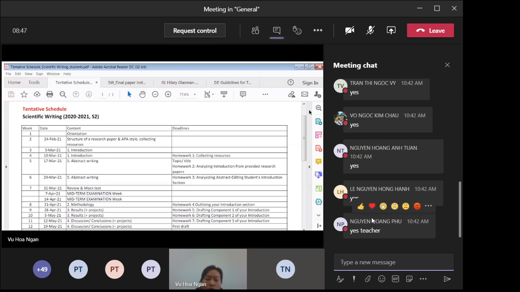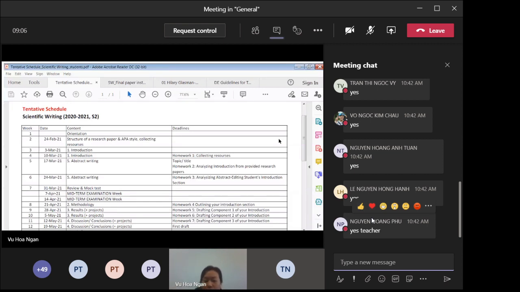Okay, so now let me go over the schedule. This is what we're going to do, the tentative schedule. Sometimes we don't have time, so this can be a little bit different between dates.